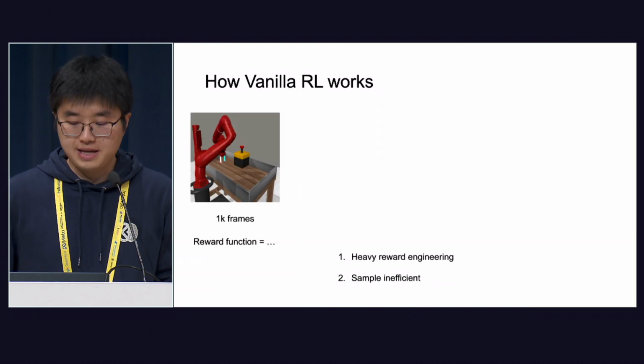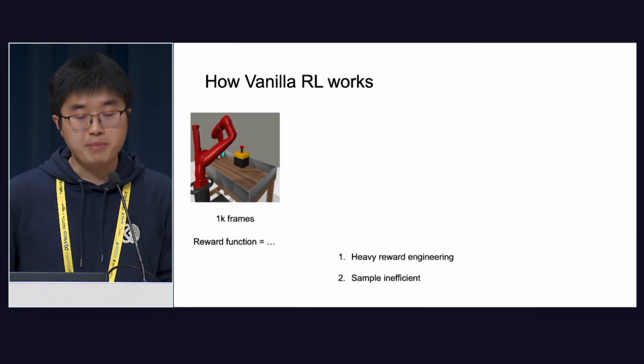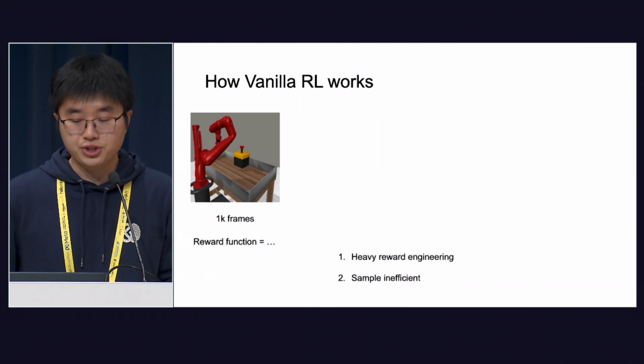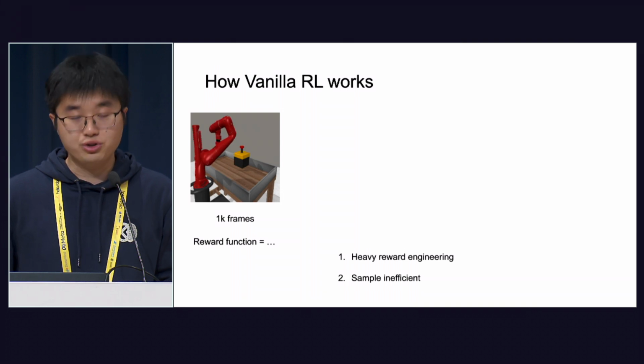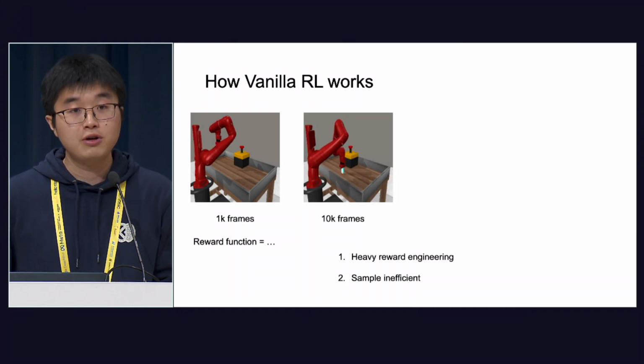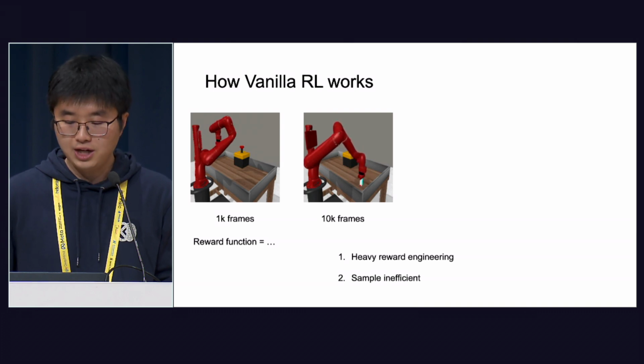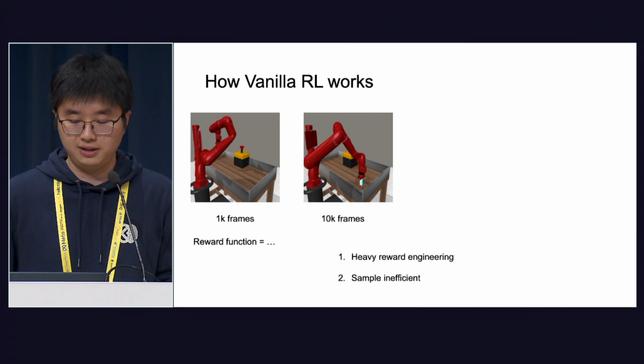Here we take an example of the pressing button task on Meta-World and demonstrate how vanilla reinforcement learning works. Under the human-designed reward function, the robot arm starts trial and error by exploration. For the first 1,000 frames or even 10,000 frames, the agent is still exploring randomly.